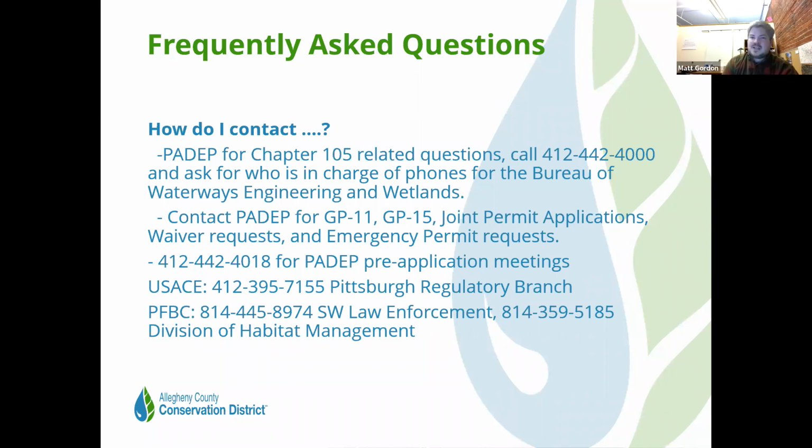You can contact DEP regional office for GP 11, 15, 10-2, joint permit applications, waiver requests, and emergency permit requests. Of course, if you're going through a permit review and you already know your reviewer, you have a direct contact there for email. But if you're reaching out with a general question cold to the region, that's the best path to take. District staff, we've all followed the same procedure. I always joke I don't have a red phone or anything that I just pick up and get Dana right away. Just calling the main number and asking to speak with who's in charge of phones for waterways and wetlands that day.